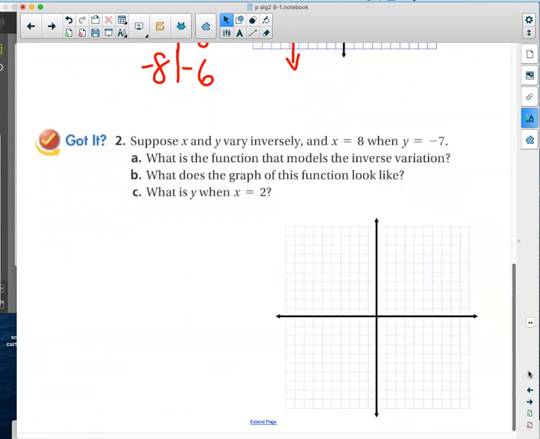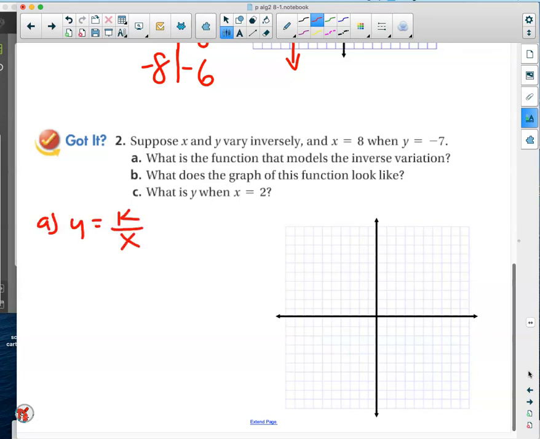Let's do another. Suppose x and y vary inversely. Oh, stop reading. Vary inversely. Y equals k over x. X equals 8 when y is negative 7. Find me k, please.